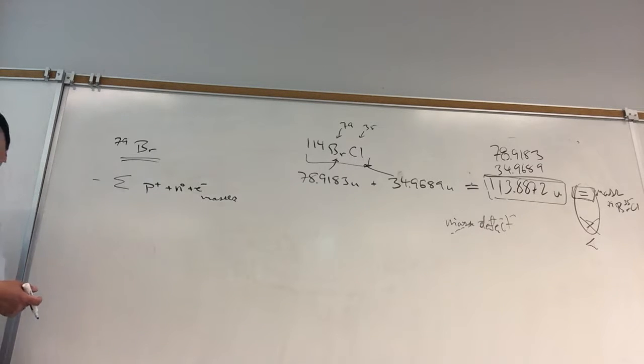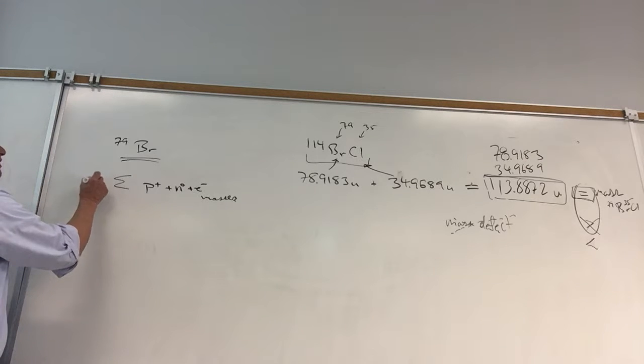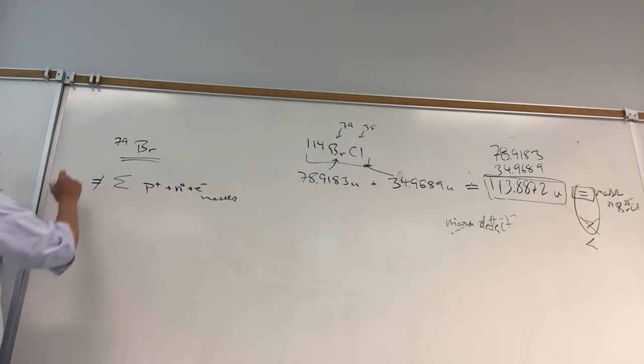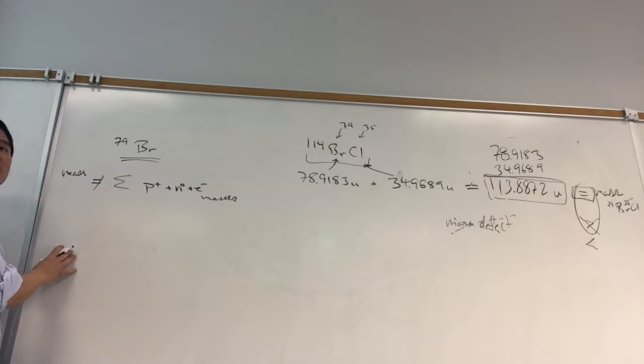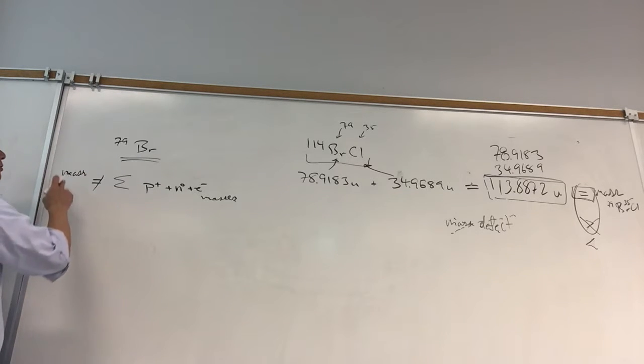Does that work? It's not equal, because of the mass defect, right? And so how do I get the mass of bromine 79?